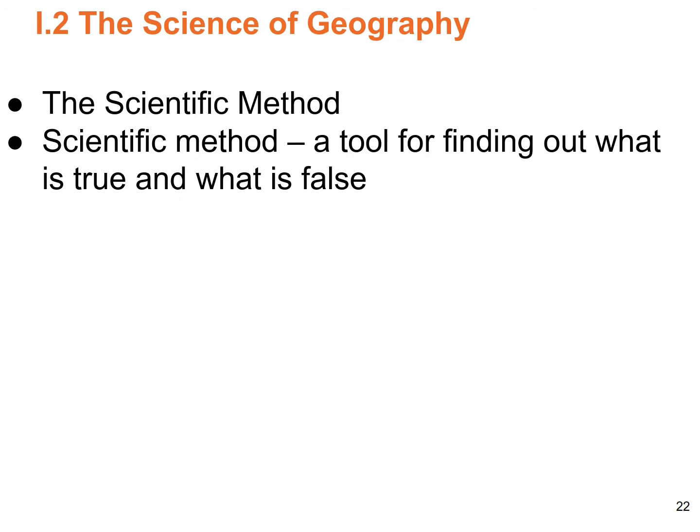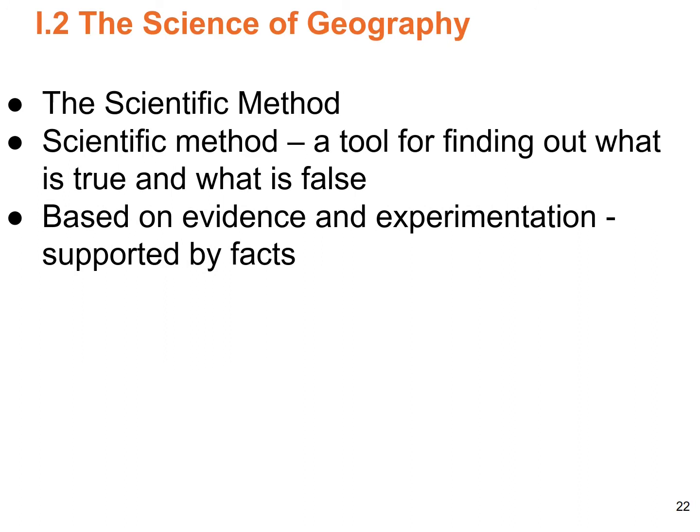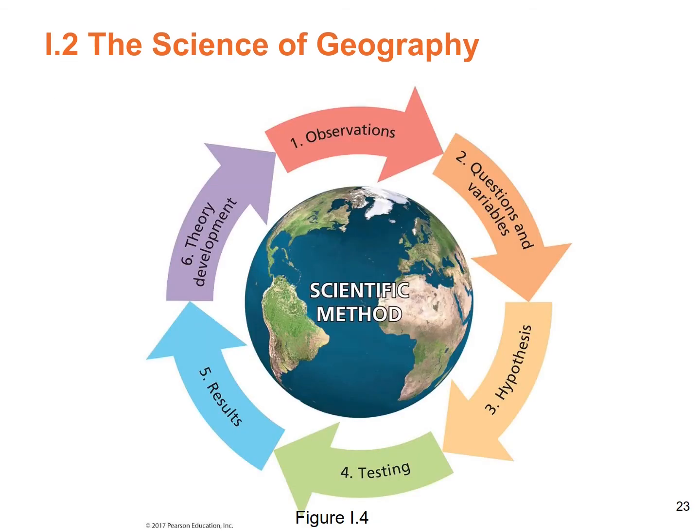So let's see how the scientific method works. As I said, it's a tool for finding out what's true and what's false. It's based on evidence. It's based on experimentation. It is supported by facts. It is really unfortunate that the end result of the scientific method is a scientific theory, because when we use the word theory, it means two different things.